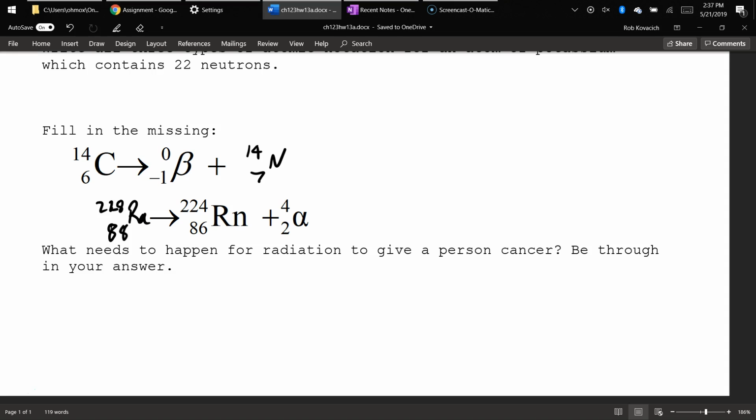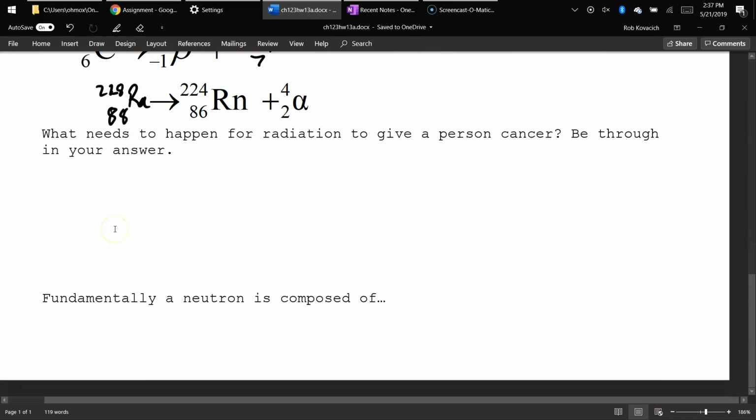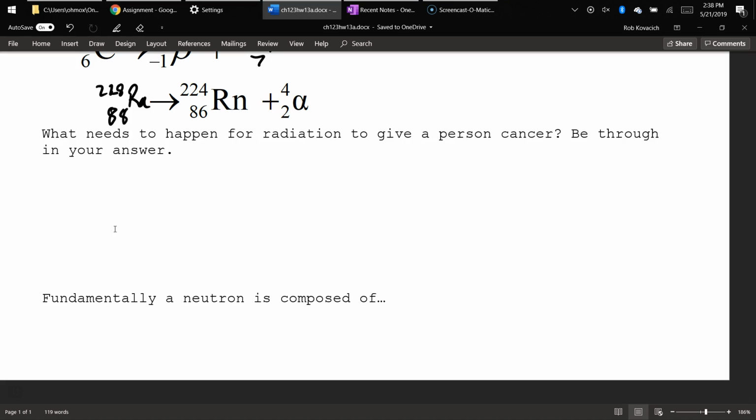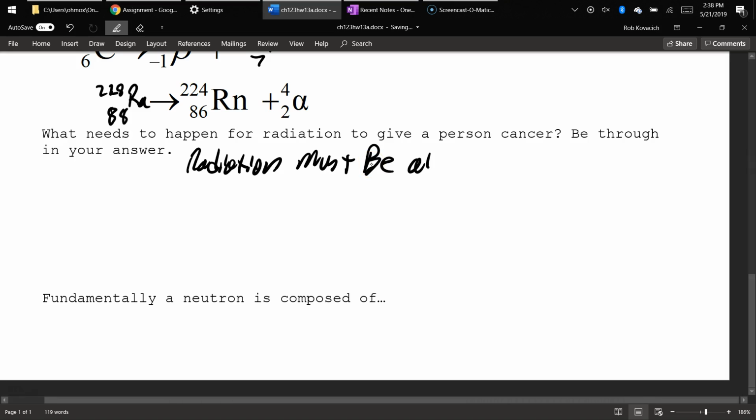What needs to happen for radiation to give a person cancer? What was that? It needs to have a shorter wavelength than violet, right? The radiation must be able to do what?